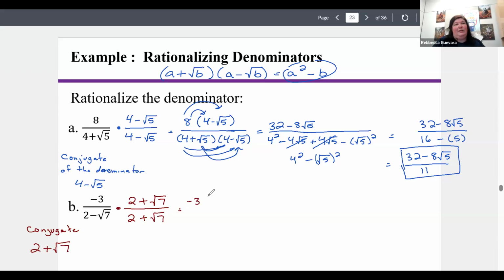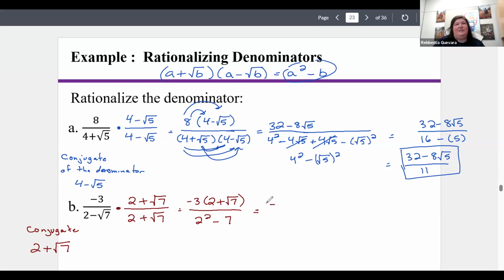So we have negative 3 times 2 plus square root of 7. And then on the bottom, remember, it's going to be a squared. So the 2 squared minus, so square root of b times square root of b, which just leaves me with the b. So square root of 7 times square root of 7 should leave me with just the 7.